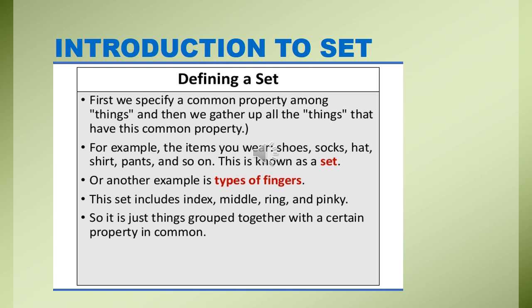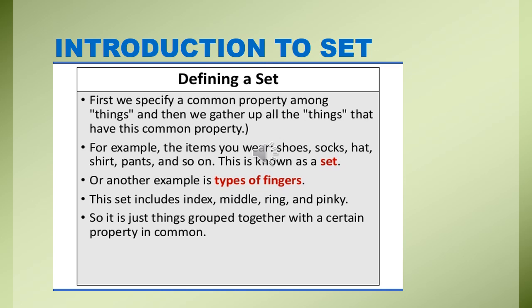Obviously, you can say all the items present in your geometry box are also a set because pen, pencil, eraser, sharpener, all these are present in your geometry box. You can say set of furniture in your room because bed, chair, study table, all these are the set of furniture in your room. Now tell two examples of sets which are present around you.